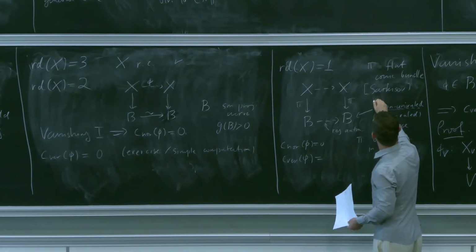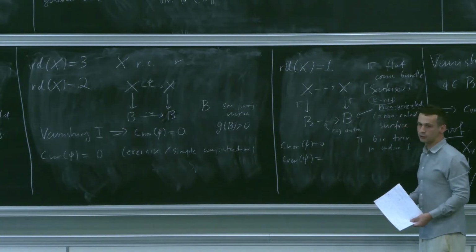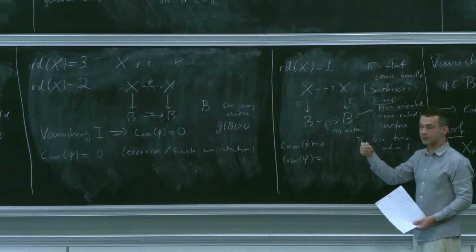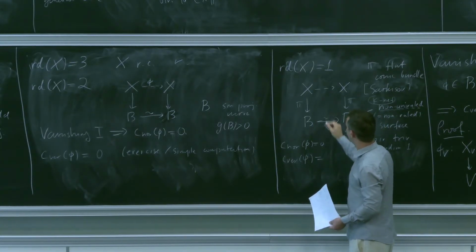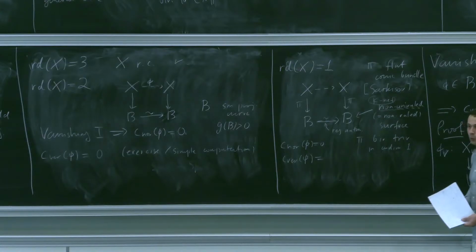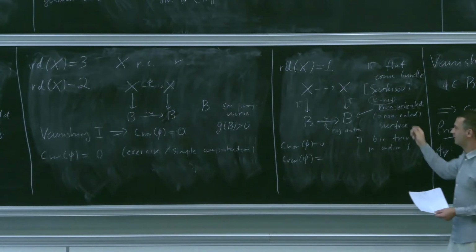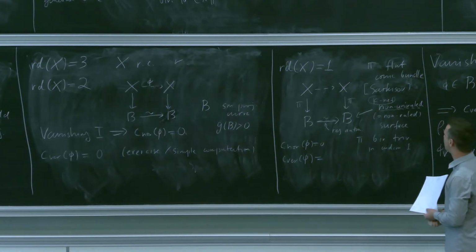So you can replace it by a KNF surface, and then for such surfaces, all the birational automorphisms are actually regular. Yes, we're using every little detail we can squeeze out of the situation.